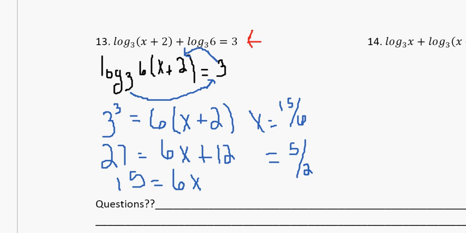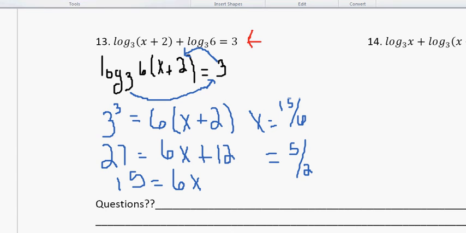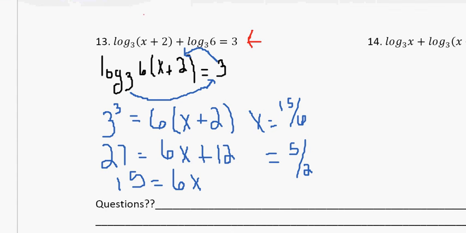And once again, double check to make sure that by plugging 5 over 2 in for x, it does not make your argument negative or 0. And it does not. So we'll feel comfortable then going ahead and saying 5 halves is our answer.